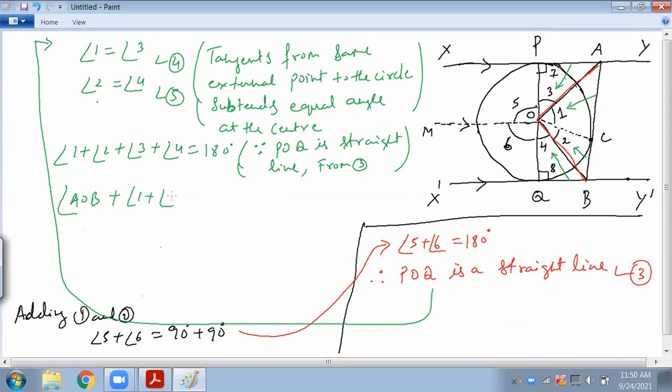Instead of 4 also, I can write 2, from 4 and 5. Now again, instead of this 1 plus 2, I can write angle AOB. So I'm getting 2 angle AOB.